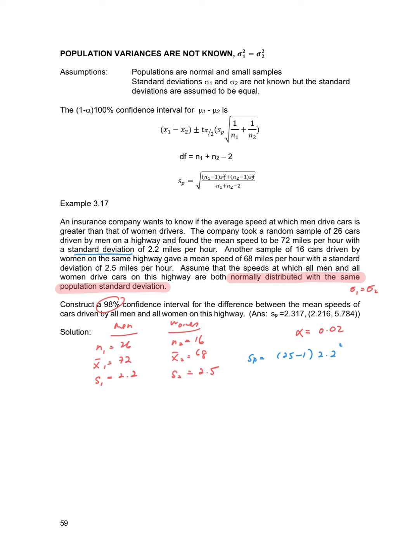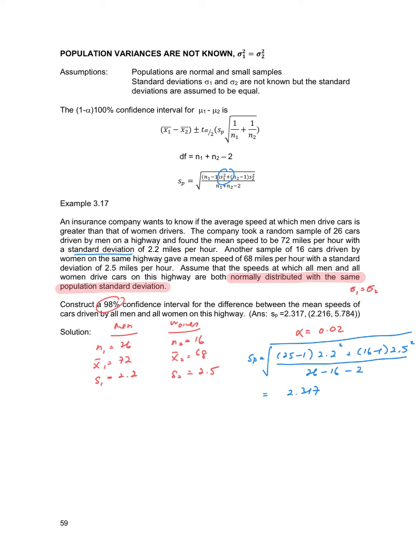In the formula it is the variance, so you need to square. Plus n2 minus 1, 16 minus 1, times 2.5 square, divided by n1 plus n2 minus 2, 26 plus 16 minus 2. Don't forget to square root the whole thing. So finally we get the pooled standard deviation is 2.317.